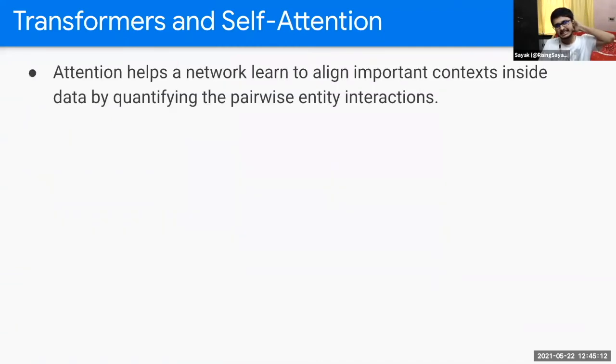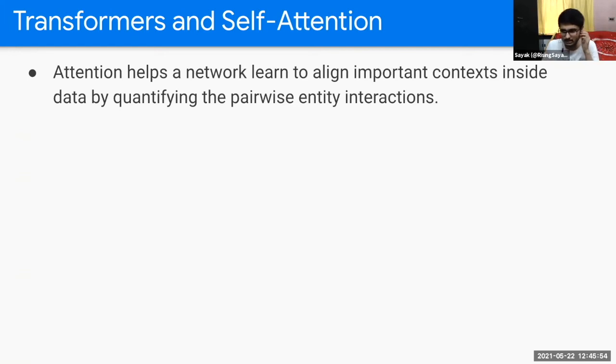So basically, what attention is, it helps a network learn to align important contexts inside data by quantifying pairwise entity interactions. So consider an image consisting of different objects. Maybe there are cars, motorbikes, cycles, and so on. How are these entities related to each other? And is it absolutely important for a model to pay attention to all these objects equally, or should it put some weights in its attention?